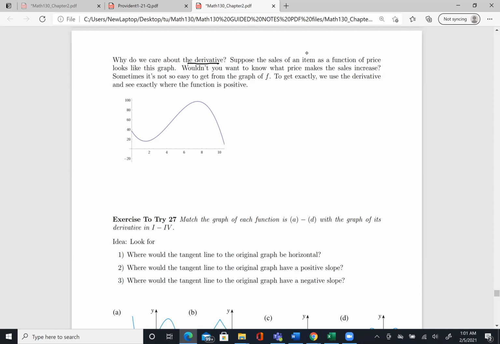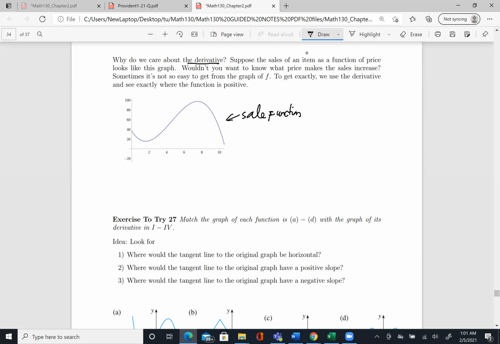So this is the sales function, as a function of price.